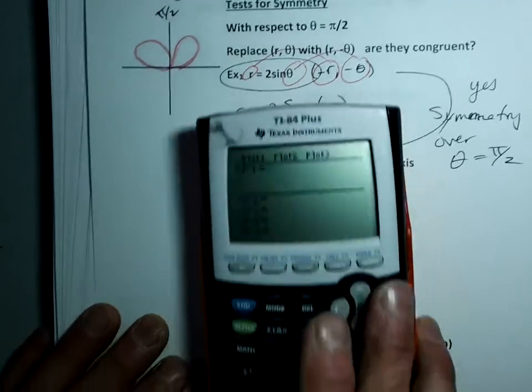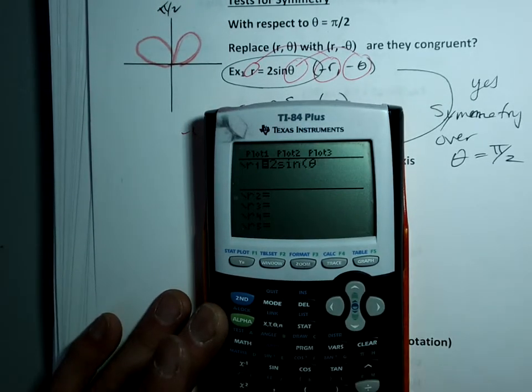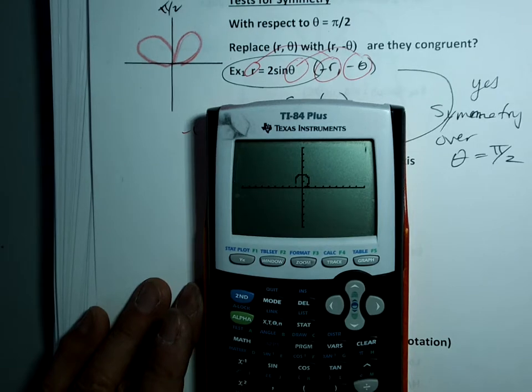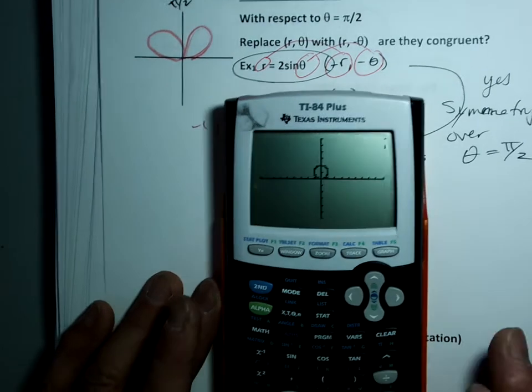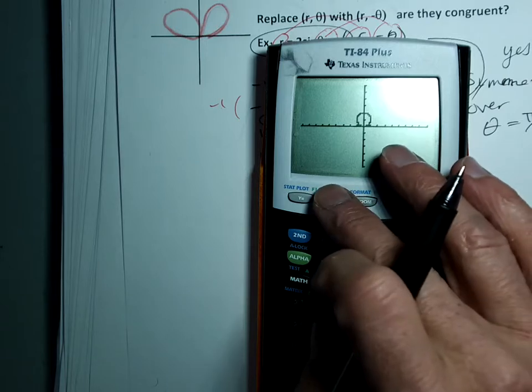So if I take my original 2 sine of theta, let's graph it and see what it looks like. And there it is. Now I can make it a little bit bigger. You guys want to make it a little bit bigger? Okay, so I can go back to my window. If I want to change my window, it's all squared out.